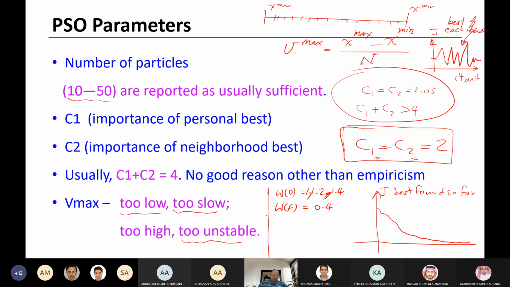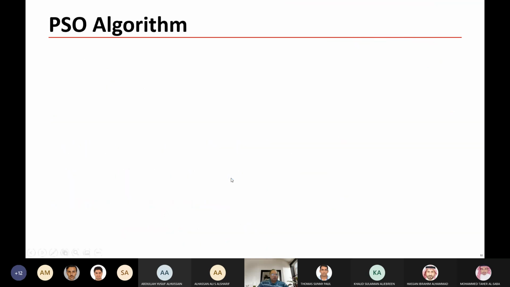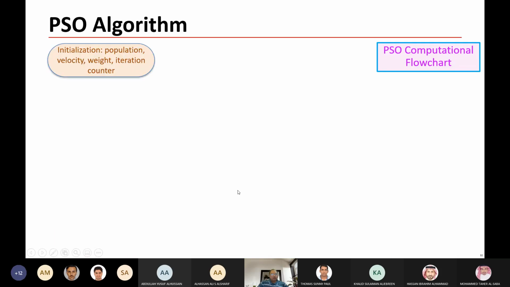The number of iterations you can set to 100 or so, or 200 or 300. Okay. So these are the BSO parameters. We start with initializing the population, positions, velocity, weight, iteration counter, and so on.